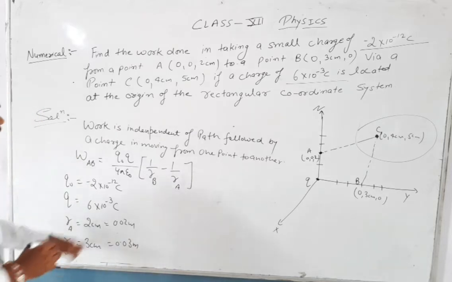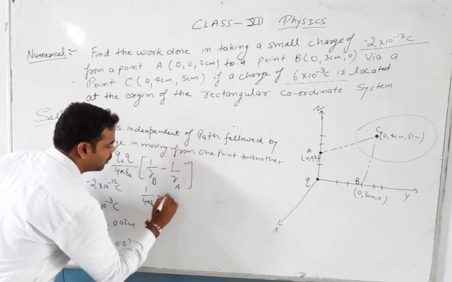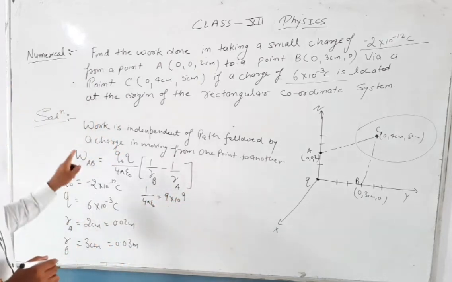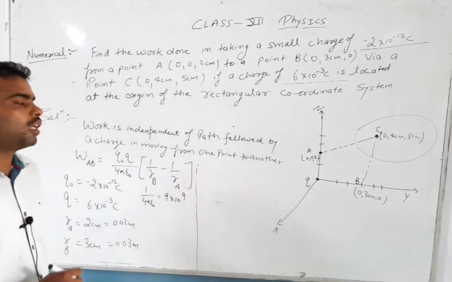Okay, and we also know the value of 1 upon 4 pi epsilon naught is equal to 9 multiplied by 10 raised to power 9. Now put all these values and we will get the total work done.